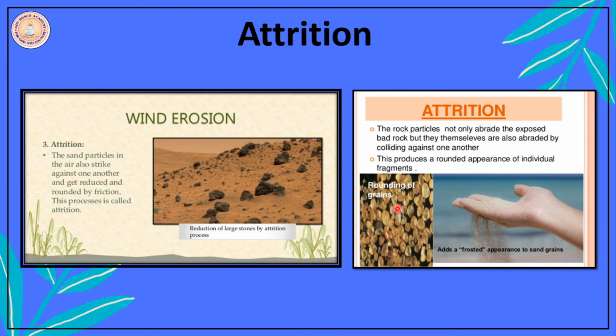And this process of wind erosion is known as attrition. So the rock particles not only abrade the exposed hard rock, but they themselves are also abraded by colliding against one another. This produces a rounded appearance of the individual fragments. The bigger particles move along the surface by strong winds, collide with one another and get further reduced to finer particles like sand.